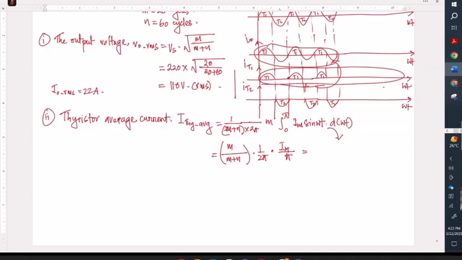So now you know everything. So your M is 20 divided by, it should be 20 plus 60. 1 by 2 pi. And what should be your maximum value? Maximum value should be RMS value multiplied by √2. So it should be 20 multiplied by √2 divided by pi. So what should be that value?